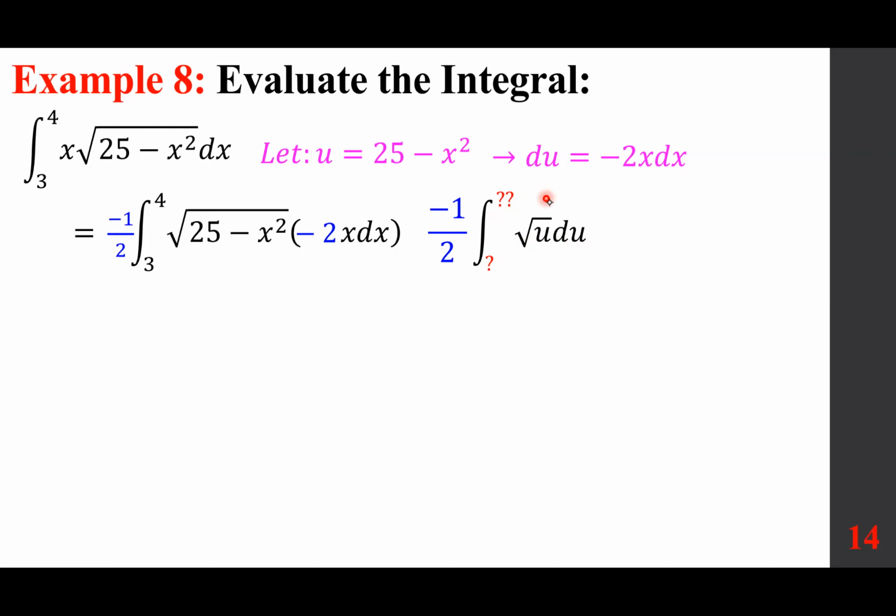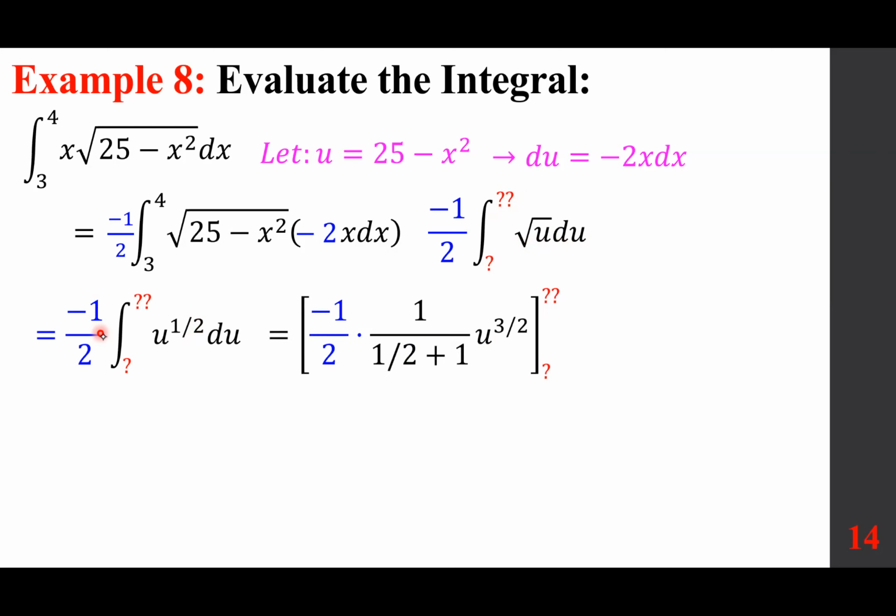And so u to the power of 1/2, because we want to go with the power rule. This part is 1 over 1/2 plus 1. U to the power of 1/2 plus 1. This remains unchanged. And 1/2 plus 1 is 3/2. And 1 over 3/2 is 2/3.